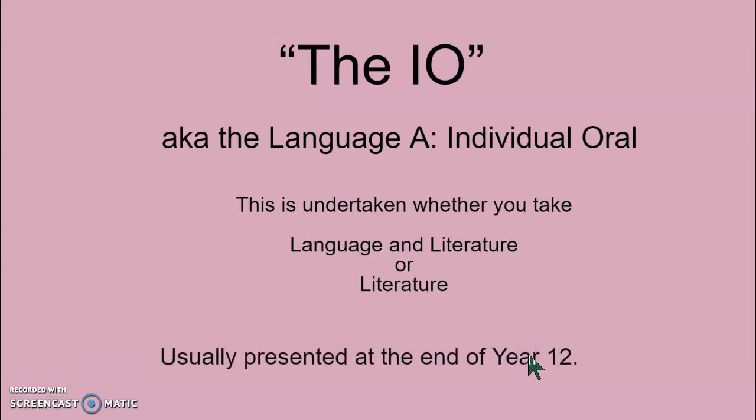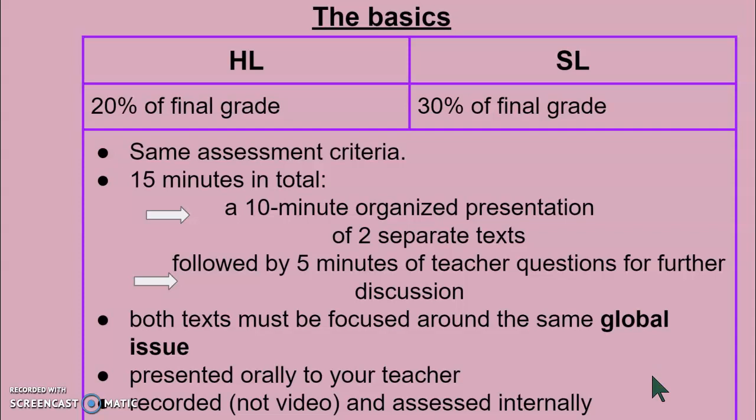It's usually presented at the end of year 12, so the earlier you get to know and understand it, the better. A few of the basics about the IO: at higher level, it's 20% of your final grade, and at standard level, it's 30% of the final grade.